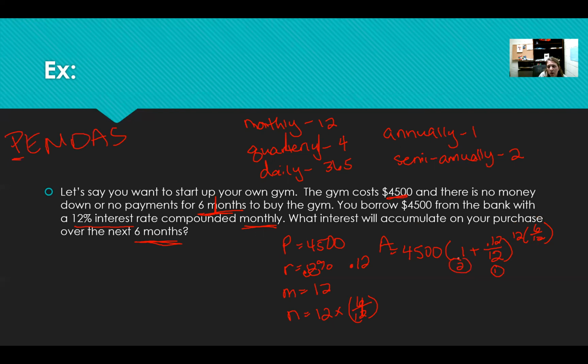Then you add the 1, then you raise it to this power, and the last thing we do is multiply. If you notice, you have 12 times 6 over 12. Those 12s will cancel, so you're just raising it to the 6th power. When you input this in the calculator, you do 0.12 divided by 12, then add the 1, then raise it to the 6th power, and then multiply it by 4,500.